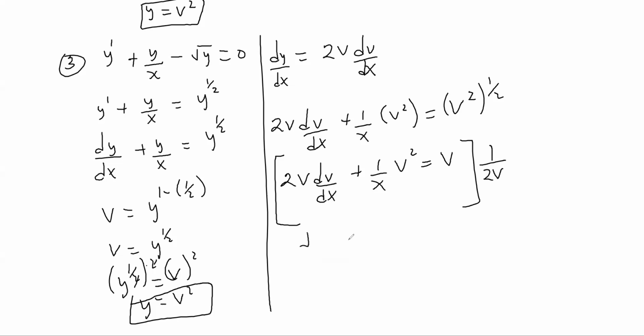So I will have dv by dx plus 1 over x, now this v squared times this, you notice that this v can cancel one of the v's, so I will be left with v over 2 equal to this v cancels this v, and I will have half only.